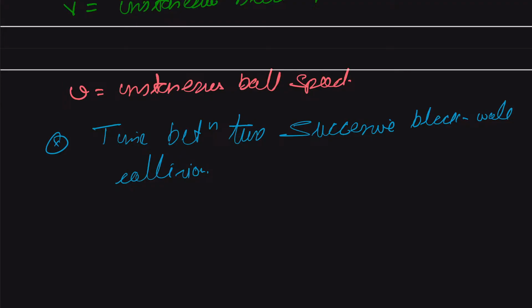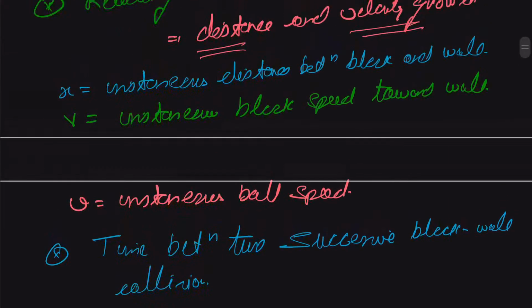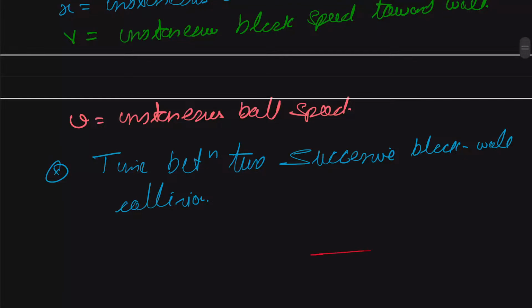For this successive collision, we know that the ball travels to the wall and back, so the distance traveled by the ball will be 2x. Suppose this is the wall, and at any particular moment this is our block, and the distance between the block and the wall is x.